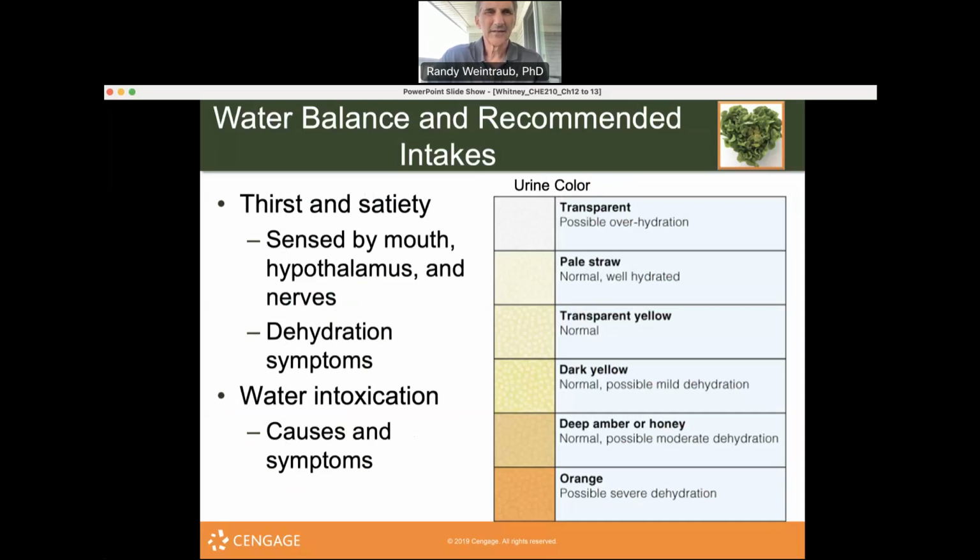How do we get signals with regard to whether we are taking in enough water? Well, thirst and satiety should do it, but we could become dehydrated before the trigger of thirst and satiety.